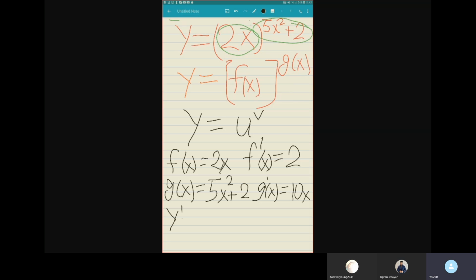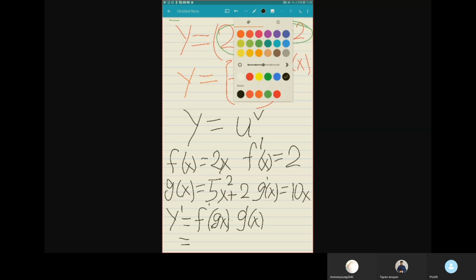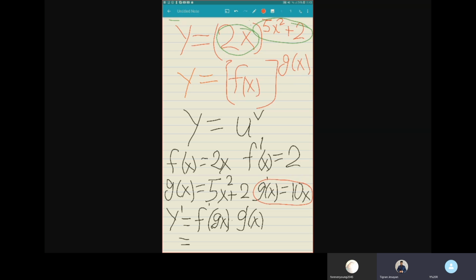So the chain rule says, if you look in the equation for y, this is f'(g(x)) times g'(x). So the derivative of g(x) is 10x, and then times f'(g(x)).